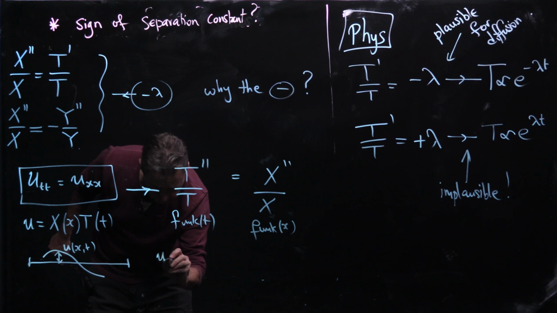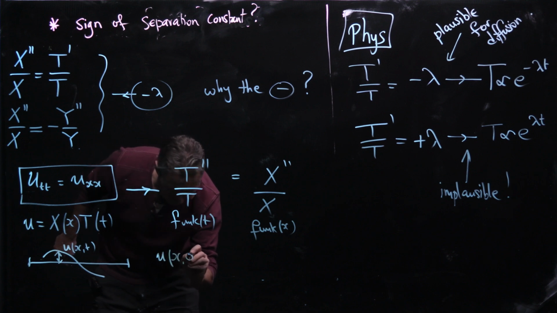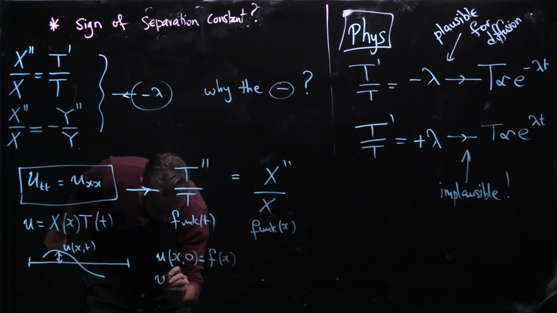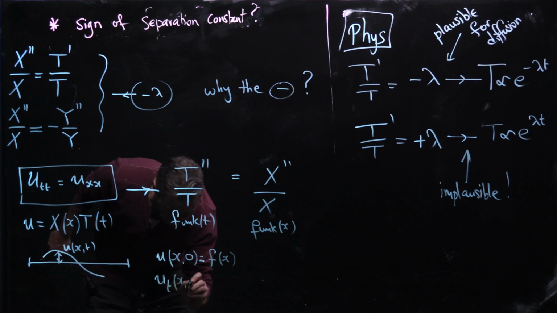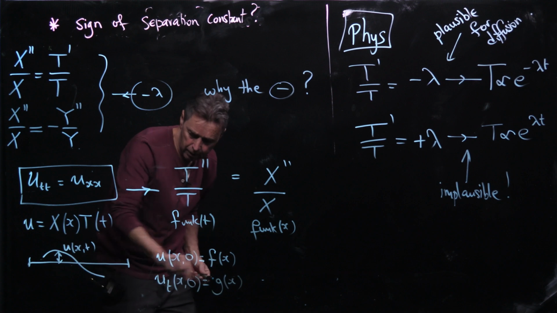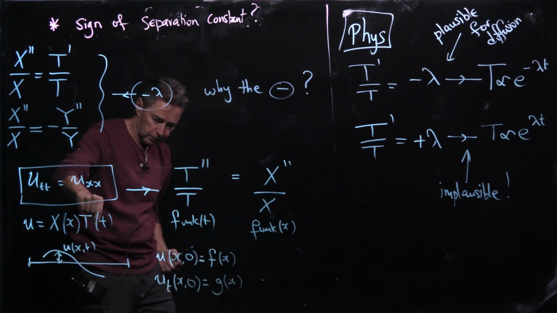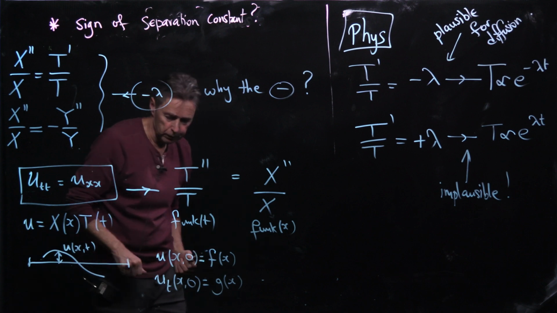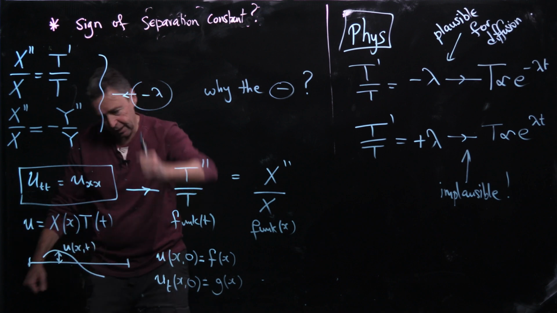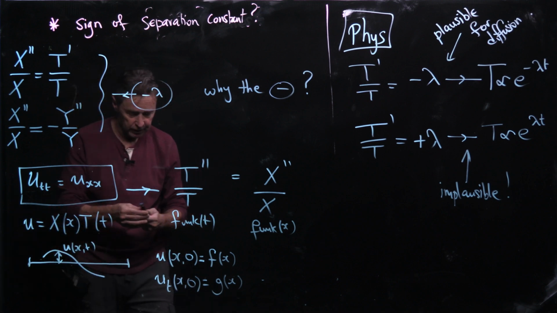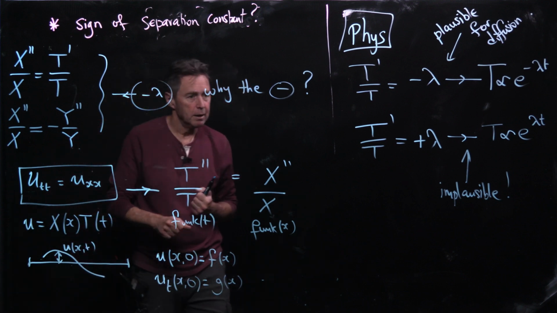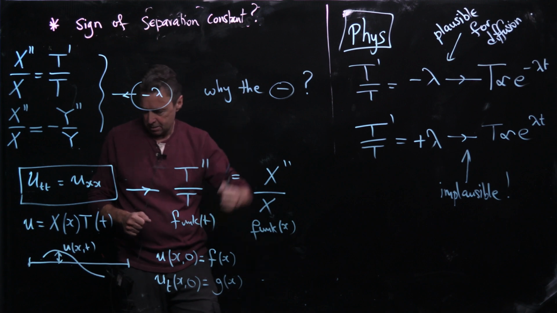So for example, we could be saying that U at T equal to 0 is some given F, or we could be saying that dU/dt at T equal to 0 is some other function. That's like pulling it and giving it some initial displacement. That's what the F is physically representing. And the G would be if I came along and I hit it and gave it an instantaneous velocity. Right, so that would be plucking, and that would be plucking and banging.